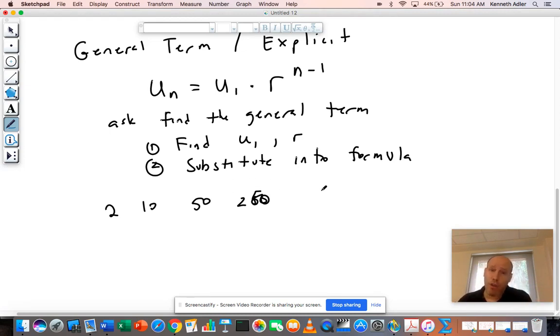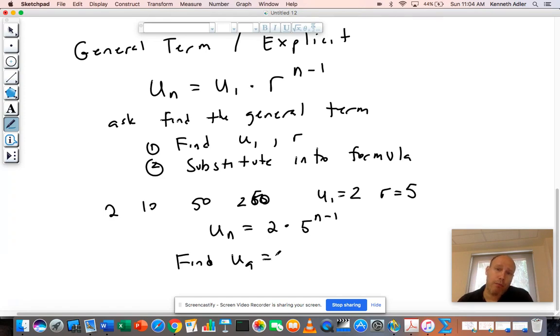Okay. Find u of 1. U of 1 is 2. And the common ratio was 5, and then substitute in the formula. The nth term is 2 times 5 to the n minus 1. So I can say to you now, how about you find the 9th term?